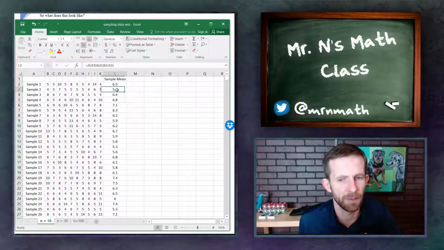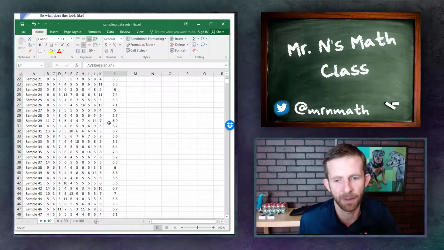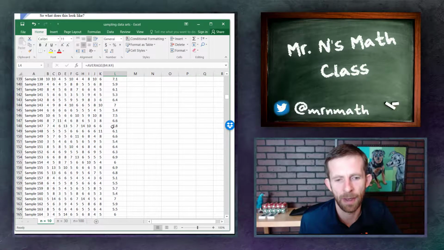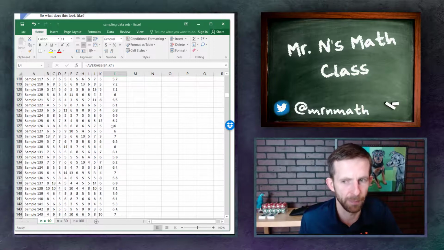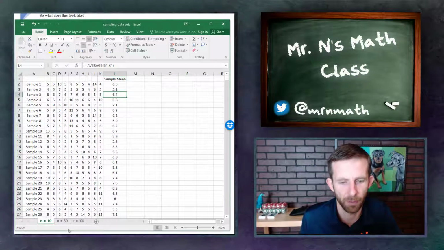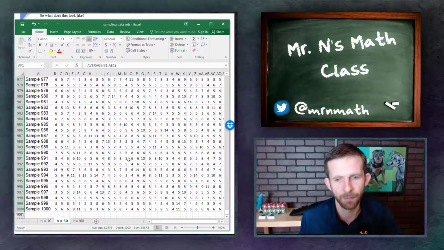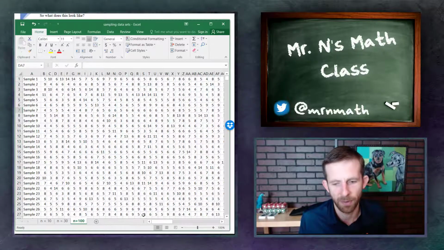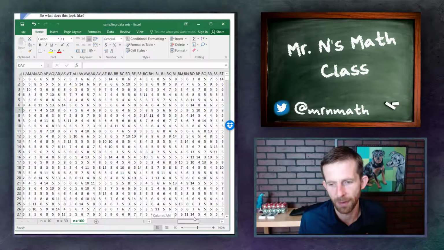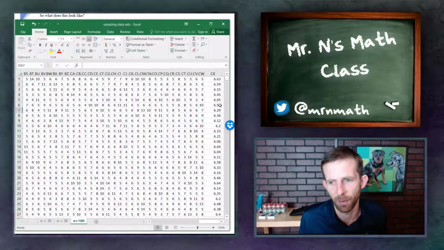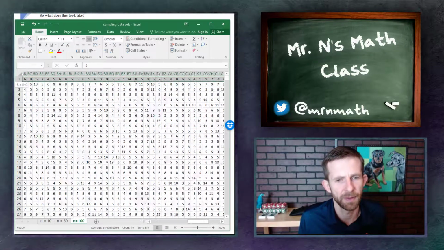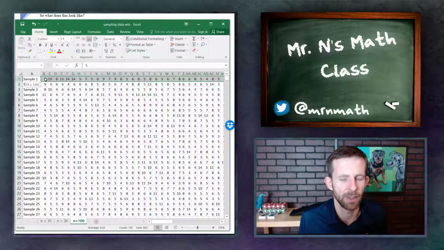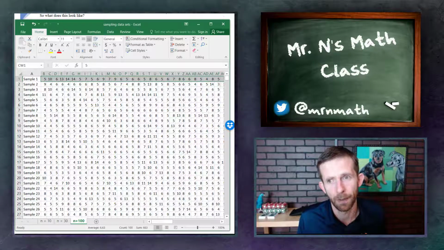Here's a different sample mean, et cetera. Now I have 1,000 of them, and I can do the same thing for size 30. Here are the sample means of size 30, and then size 100. Here are the sample means of size 100.